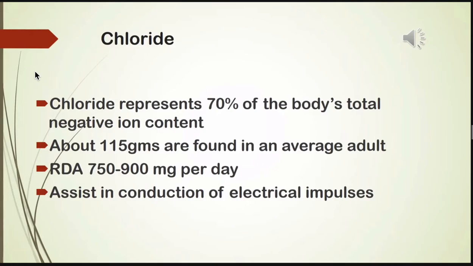Chloride represents 70% of the body's total negative ion content. About 115 grams are found in the average adult, and the RDA for chloride is 750 to 900 milligrams per day. Chloride assists in the conduction of electrical impulses, as discussed in your action potential.